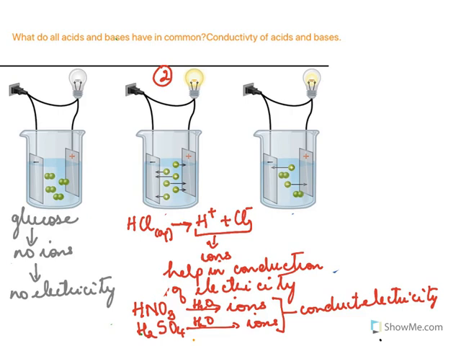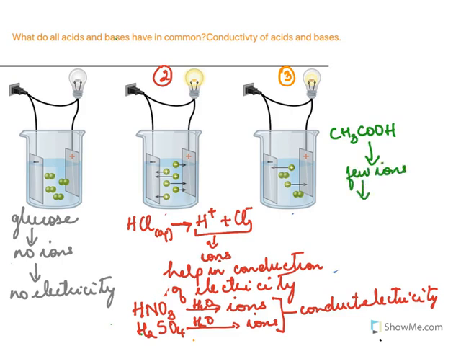Now when we went to this third figure, here we used acetic acid and the bulb did glow but was not very bright. And the reason for this is this acetic acid, whose formula you will learn is CH3COOH, does break up, but it gives few ions.